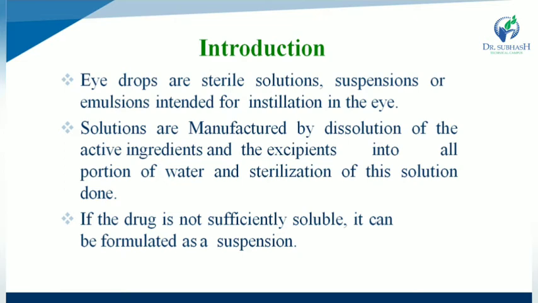And if the drug is not sufficiently soluble, it can be formulated in the form of a suspension. If your drug is 100% dissolved in water, it acts as a solution. But if your drug is not sufficiently soluble, it is formulated in the form of a suspension.